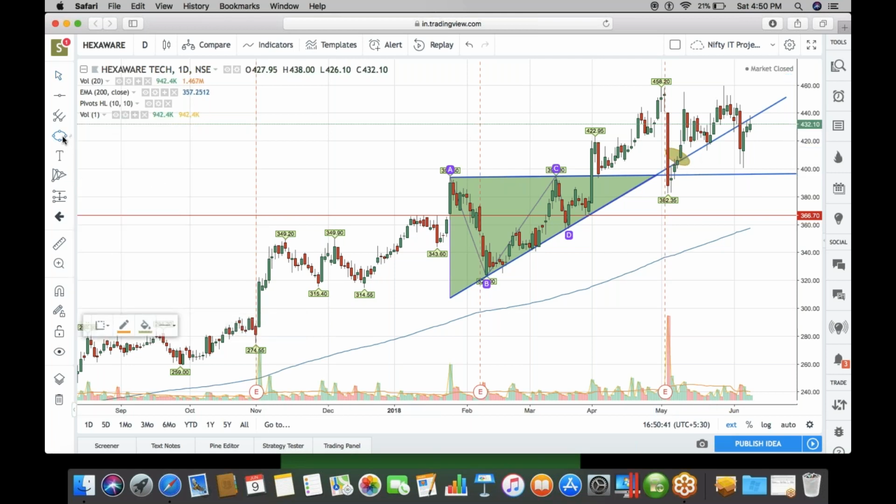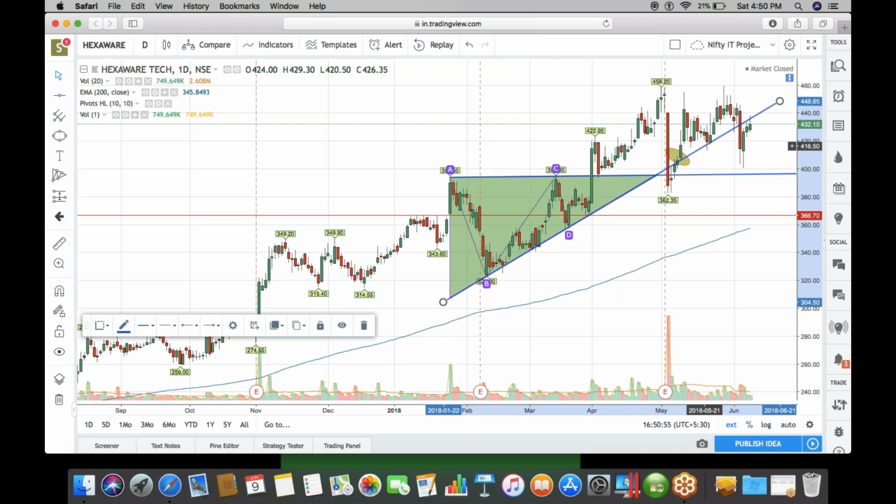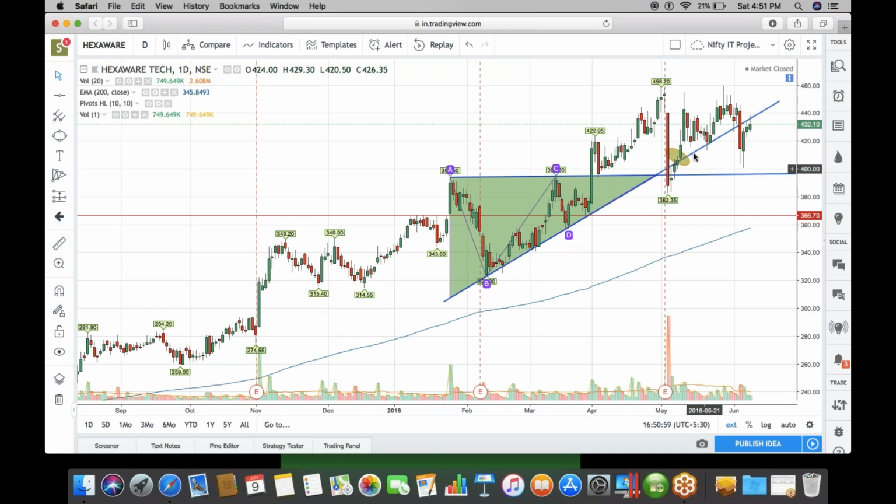at this level, at both these levels, prices have acted. This particular trend line has acted as a very good support for the prices. So if you are trading, I will show you a lot of examples.